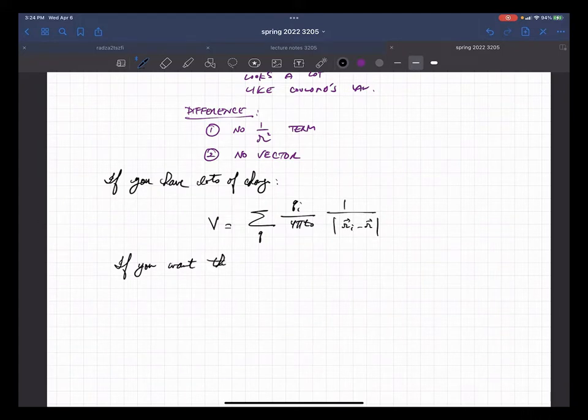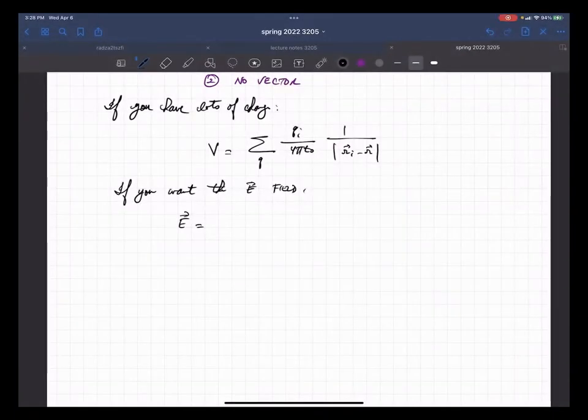Then from there, if you want the E field, basically you do this grad. If you want to get the electric field from the potential, you take the grad of the potential, which means you take the derivative of the potential with respect to x and multiply it by this i vector.